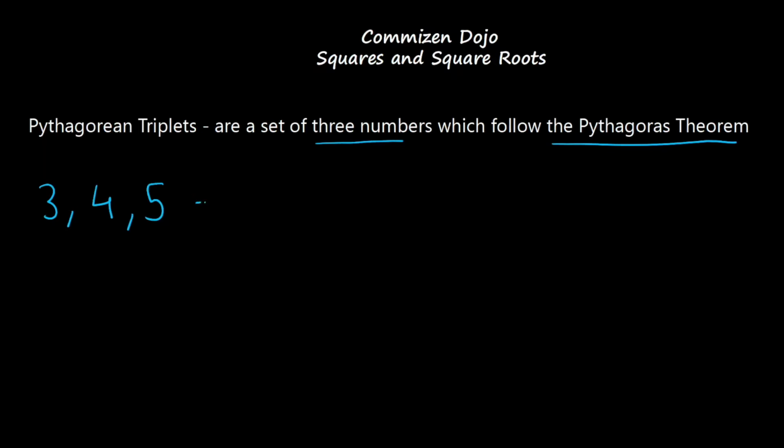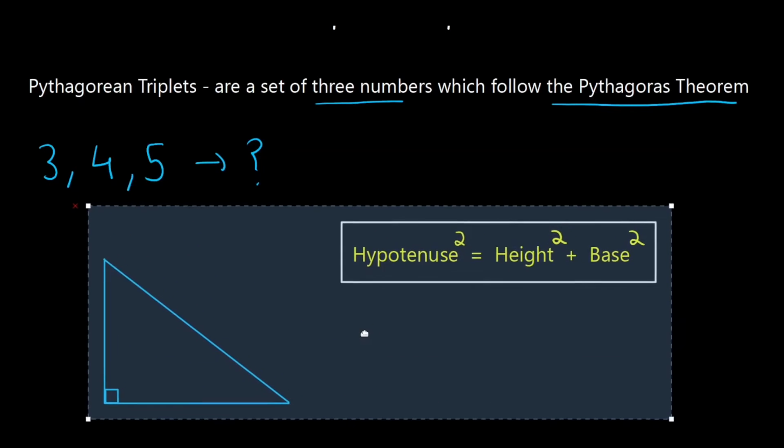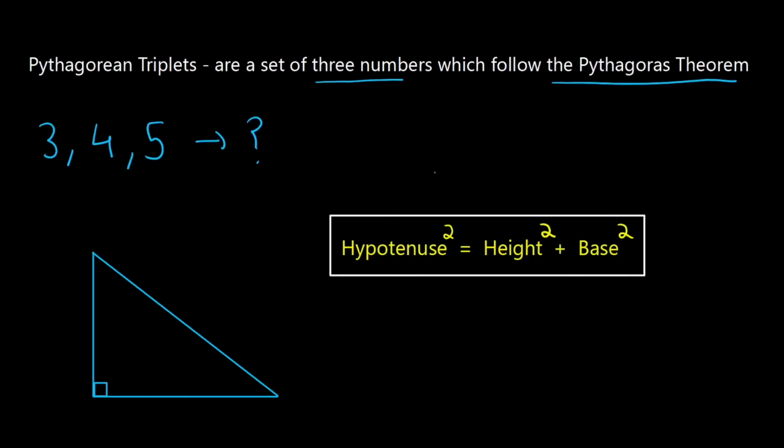Now in order to check whether these three numbers are Pythagorean triplets, let's say I have a right angle triangle with me right here, like this one. Now in this right angle triangle, this is the longest side, so this is the hypotenuse. So the hypotenuse is the longest side of this right angle triangle.